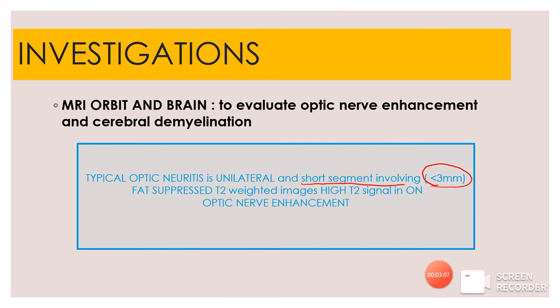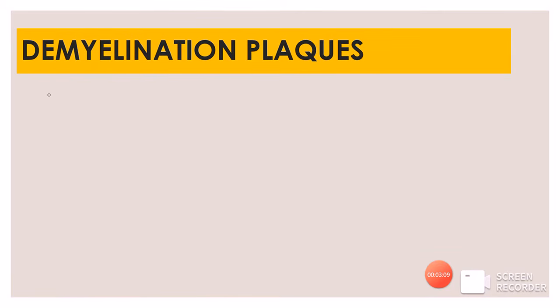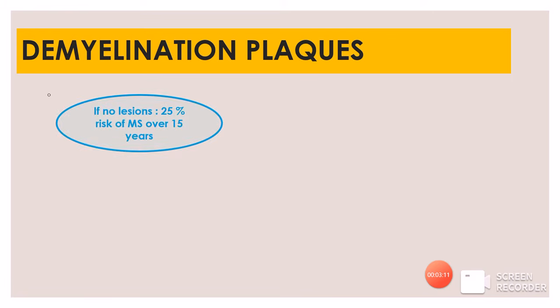Along with that, there will be demyelination plaques that we are going to see on the MRI of the brain, right? And these demyelination plaques have prognostic value, and also help in assessing the risk of developing MS.